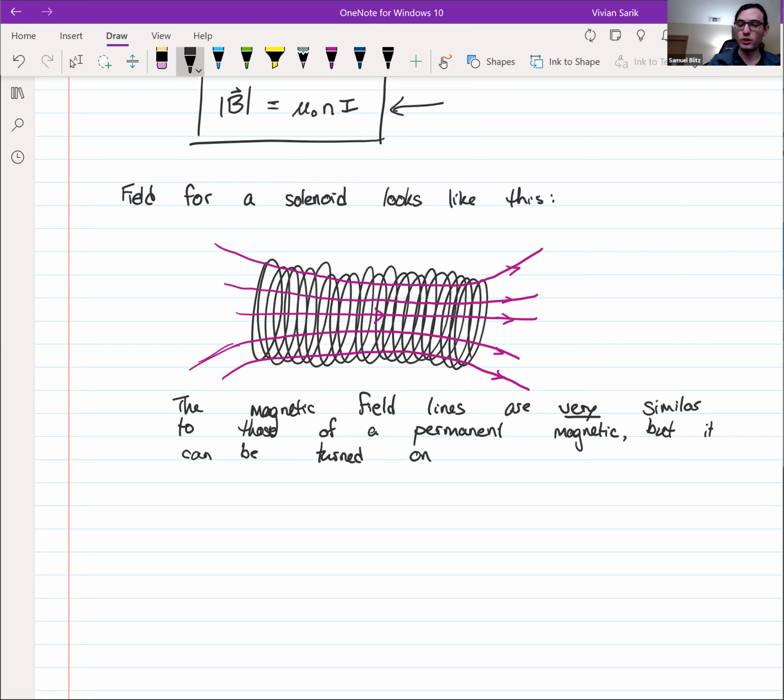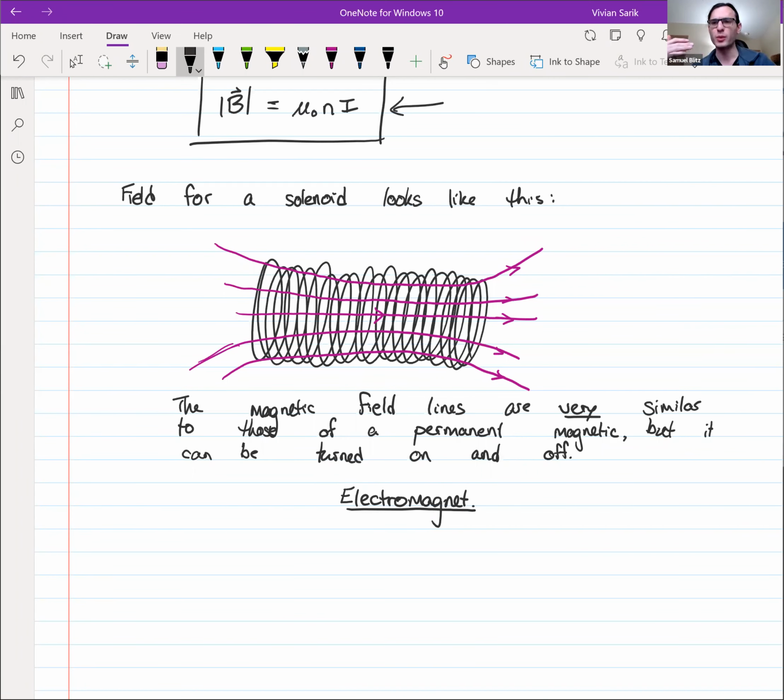And you could even tune the magnetic field by changing the current that you're letting go through the solenoid. And so this is what we call an electromagnet. Depending on how much electricity you go through the coil of wire, you get more magnetic field.